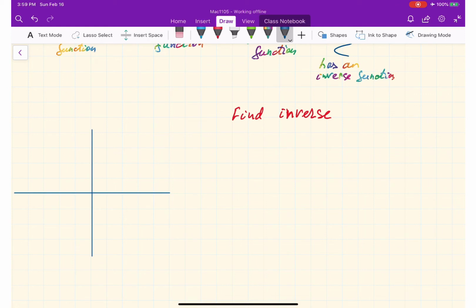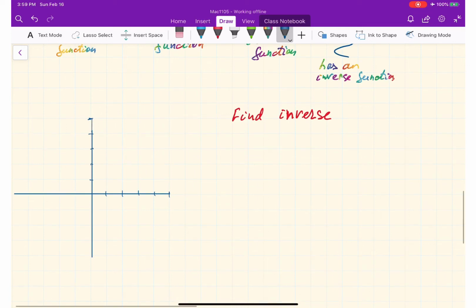Okay, so 1, 2, 3, 4, 5. 1, 2, 3, 4, 5. So I'm going to write down the coordinates that we are going to use. So let's say we are going to use the coordinate 0 and 2.